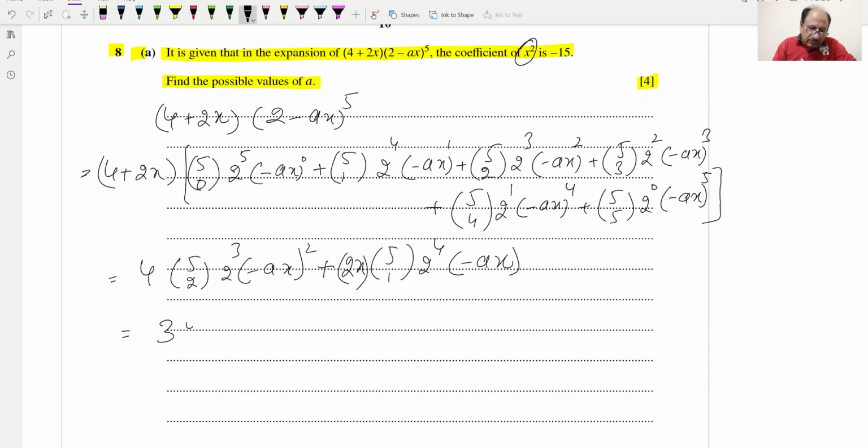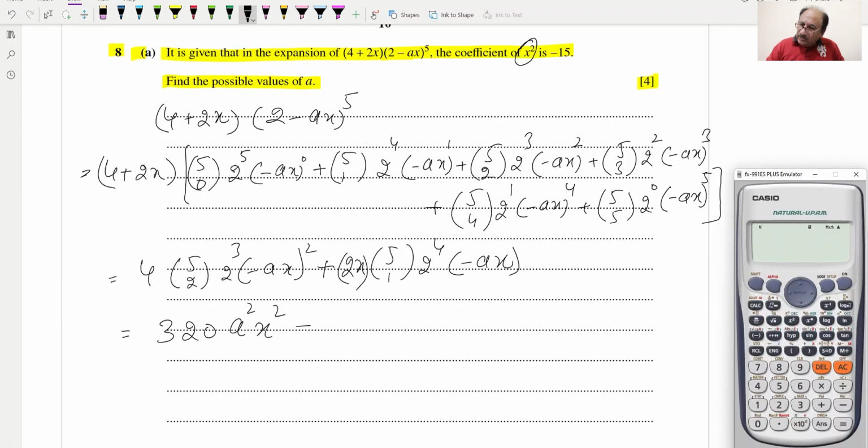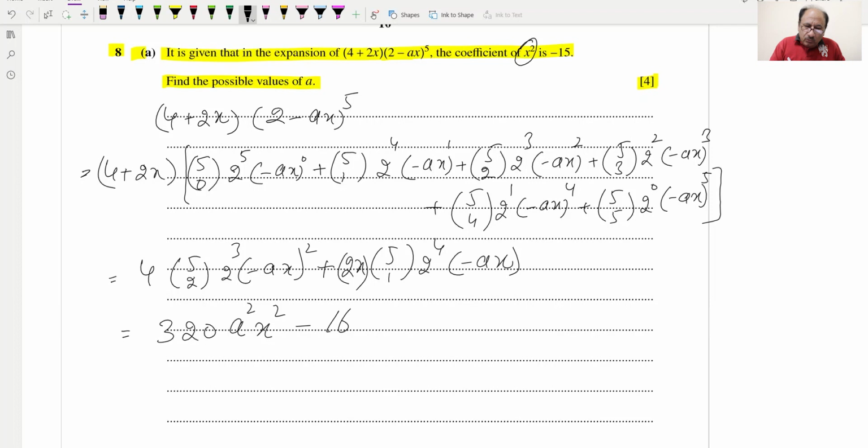So we can write 320 a squared x squared, and plus will be changing to minus because of this one, and if we simplify, 5c1 will be 5, so 2 into 5 into 2 raised to the power 4 will be equal to 160. So minus 160 ax squared.